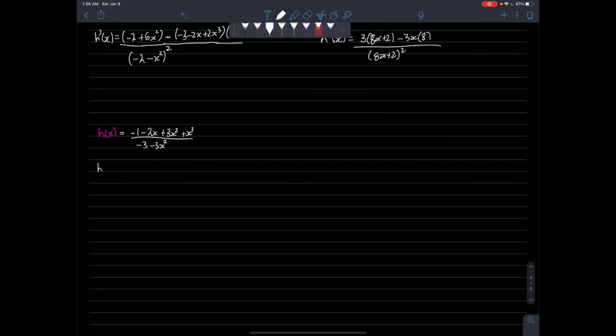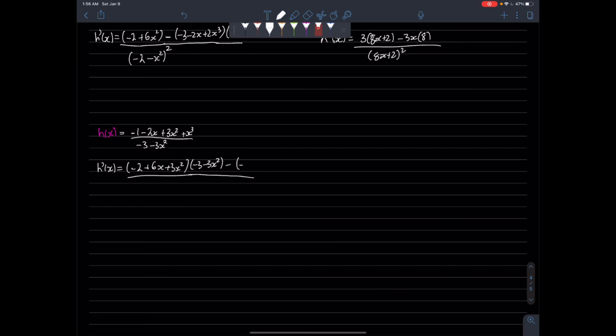Next one. h prime of x, so derivative of the top again, right? I'm not going to write which one is what. So negative 2 plus 6x plus 3x squared times negative 3 minus 3x squared, right?